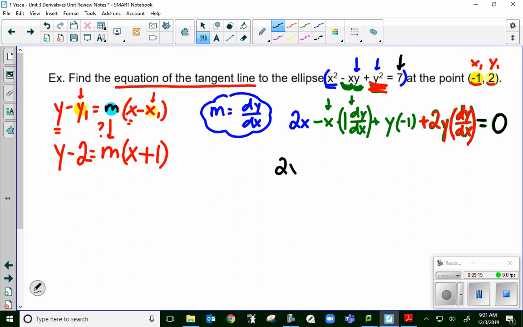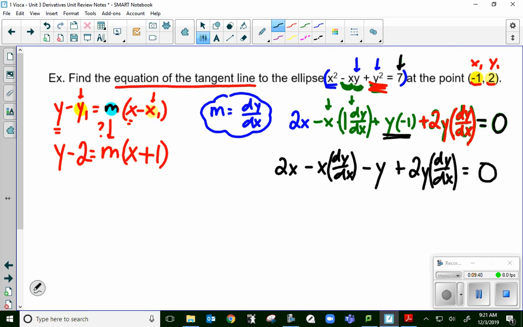I have 2x minus x dy dx. Plus, no, right here is minus y. Y times -1 is negative y. Plus 2y dy dx equals 0. I need to get dy dx alone.